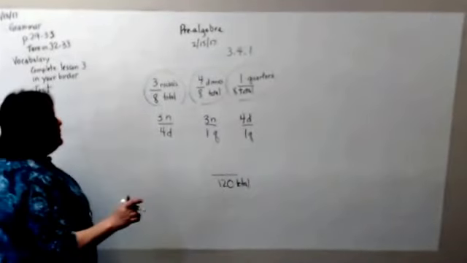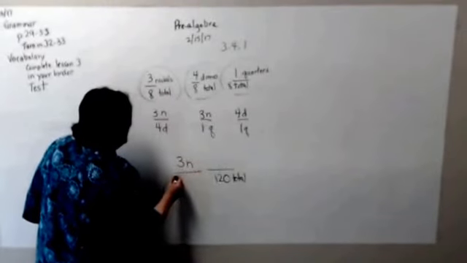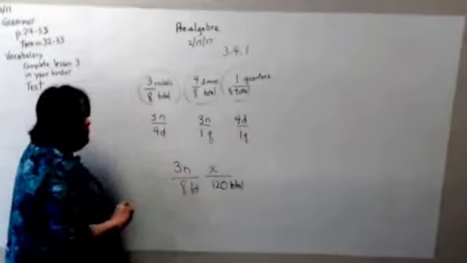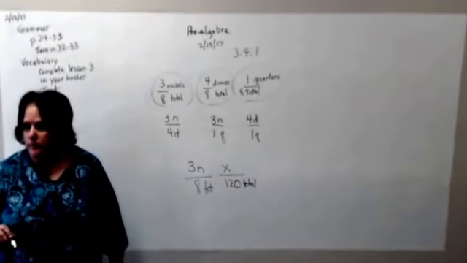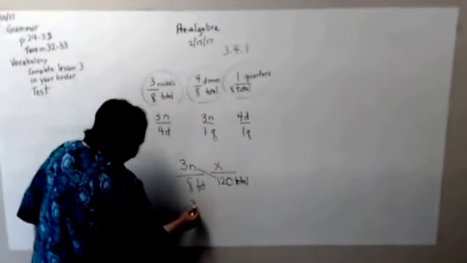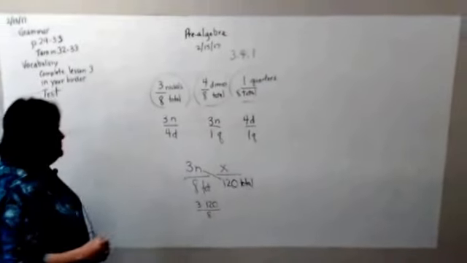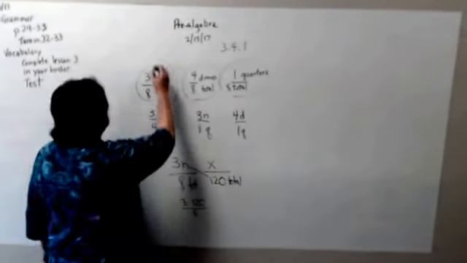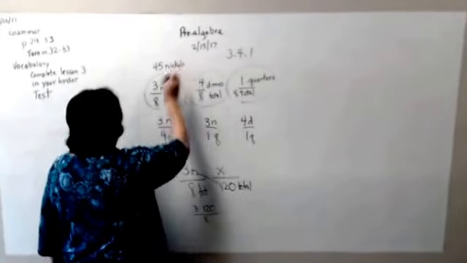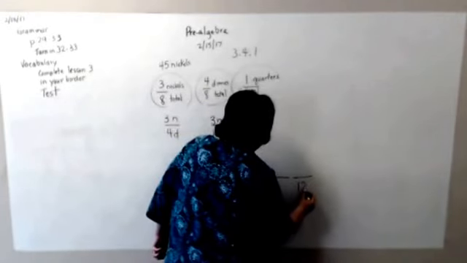So the first thing we're going to say is, let's find nickels first. If we have 3 nickels to 8 total, then how many nickels if we have 120 total? We're going to go 3 times 120 divided by 8. 45. 45 nickels. Now, we know that there are 120 total.